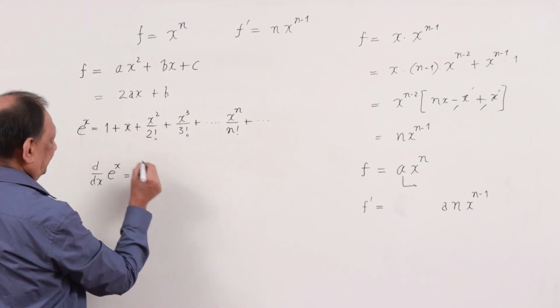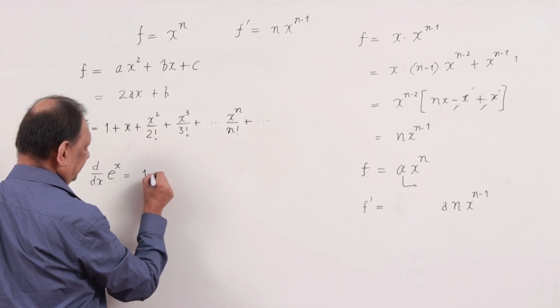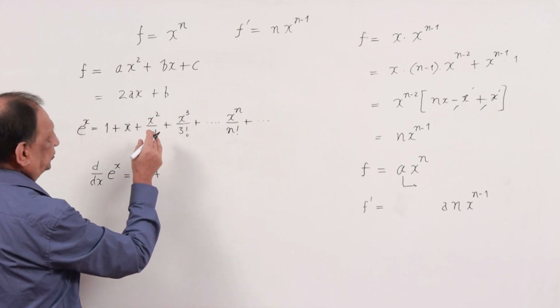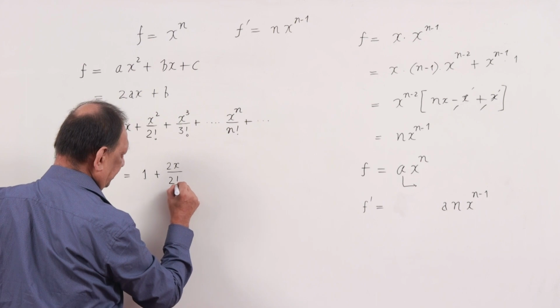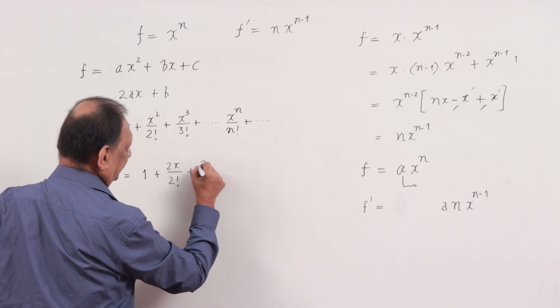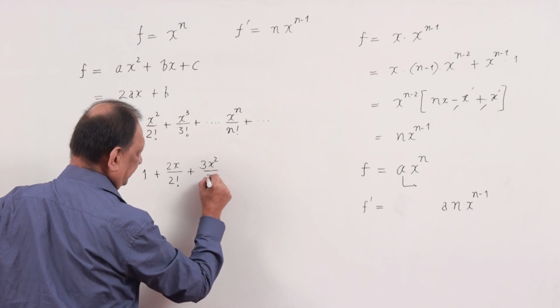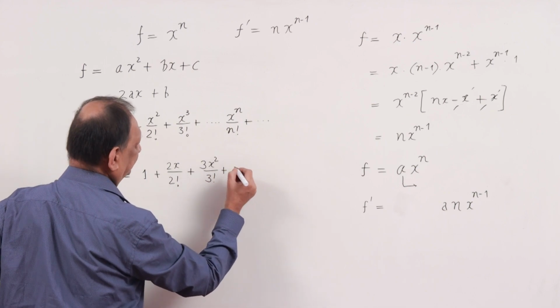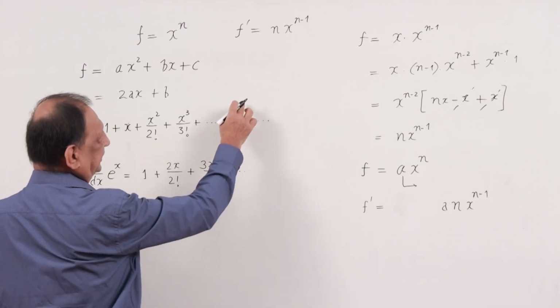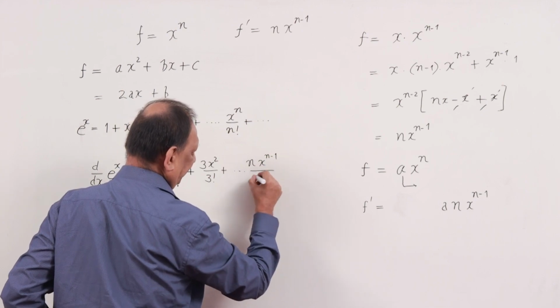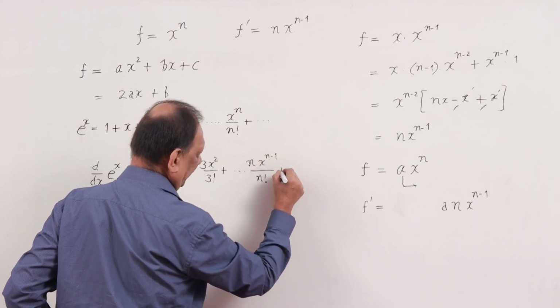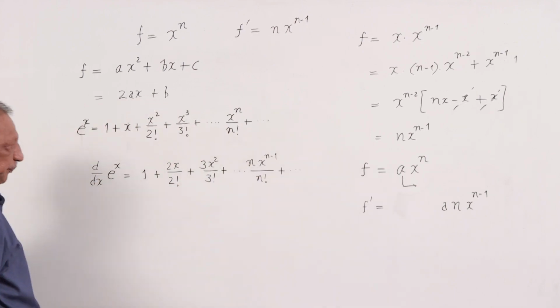X, when you derive, you get 1. x squared is 2x, so 2x by 2 factorial, plus 3x squared by 3 factorial, plus general term will be nx to the power of n minus 1 by n factorial plus till infinity.